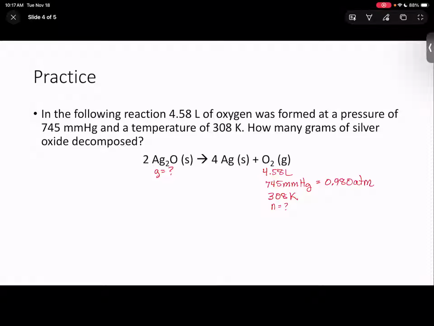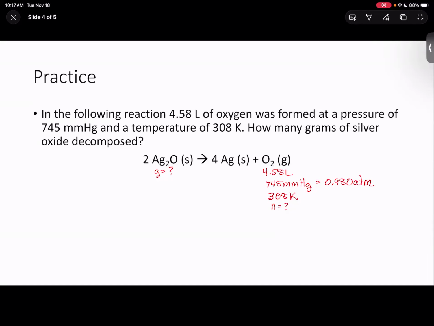I take 745 millimeters of mercury and divide it by 760 millimeters of mercury to 1 atmosphere. And so it's 0.980 atmospheres.